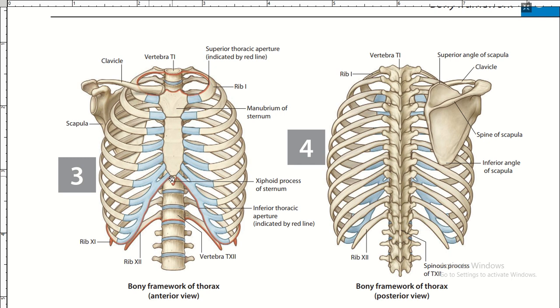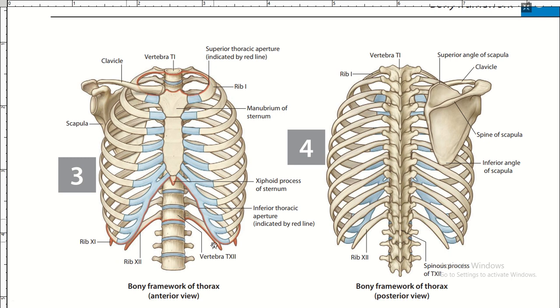Anteriorly, you're going to have the xiphoid. Laterally, the margin.